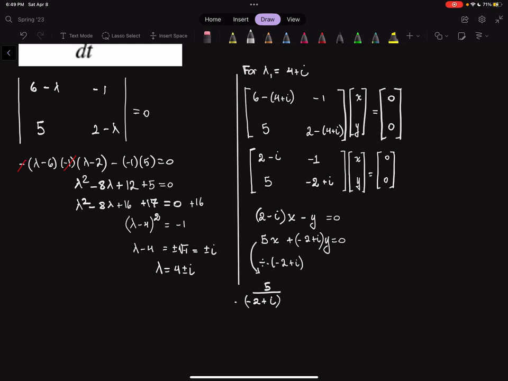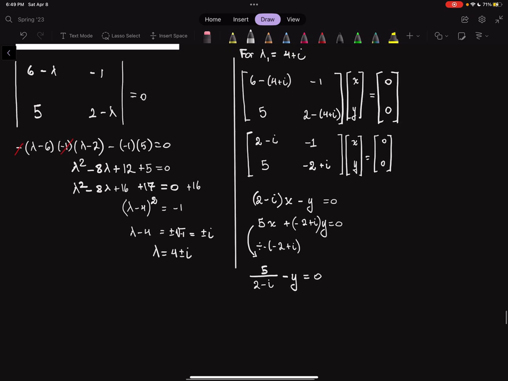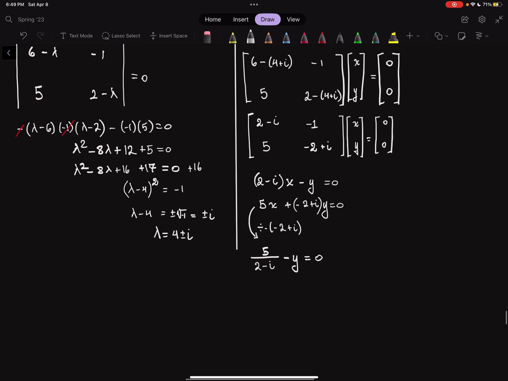So the negative of that, which is positive i and positive 2 negative i. And here I get negative Y, and that's equal to 0. So, okay, that does not look like the top.